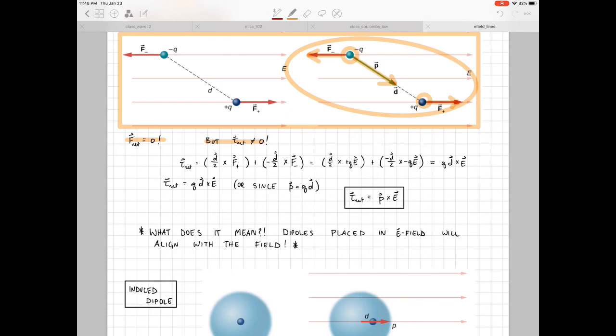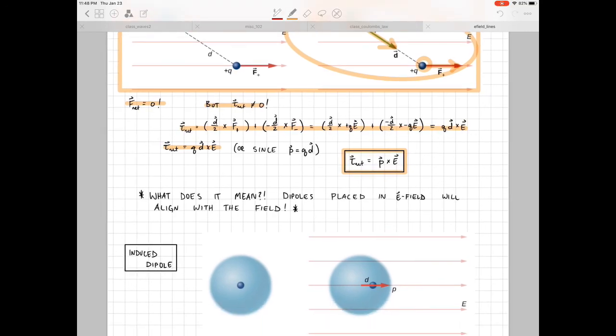And in fact, if we do a calculation for the net torque choosing the center of the dipole as the place we're going to measure the torque about, we end up figuring out that the net torque is equal to qd cross E, or substituting the dipole moment, the net torque is the dipole moment crossed, or the cross product, with the electric field.